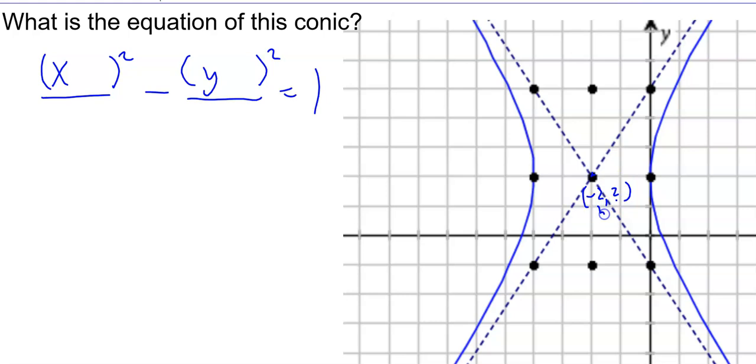That would be my h and k, right? So h is -2, so this would be +2. k is +2, so this would be -2. Horizontally, it's going 2 units, which means this is 4. Vertically, it's going 3 units, which means this underneath y is 9. And that's the equation.